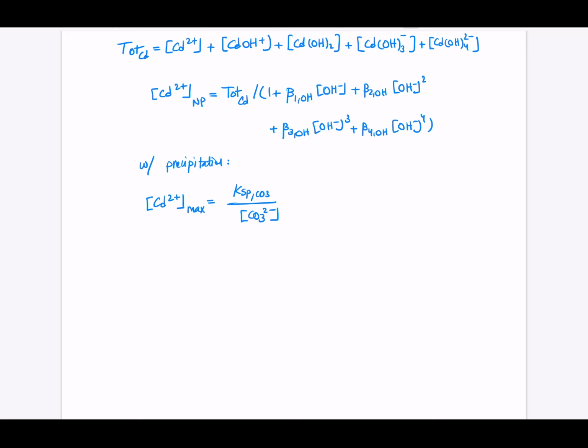But the problem with this one is that unlike this one that is directly related to pH, it's hydroxide, here we need to calculate carbonate at each pH, so one extra step. So we need to solve for that branch of acid base to be able to calculate cadmium 2 plus max at each pH. To calculate the concentration of carbonate at each pH, because this is a closed system, we can quickly use the alpha term.